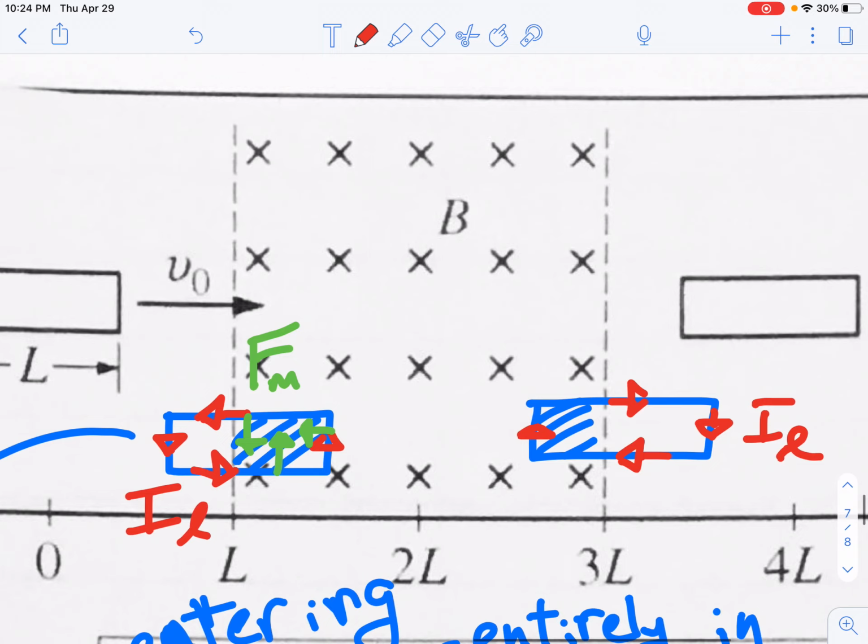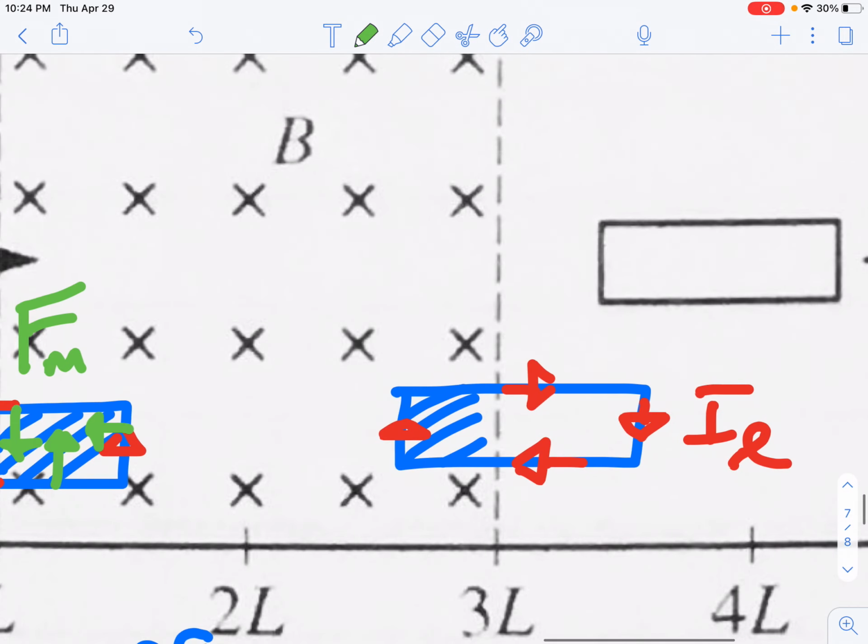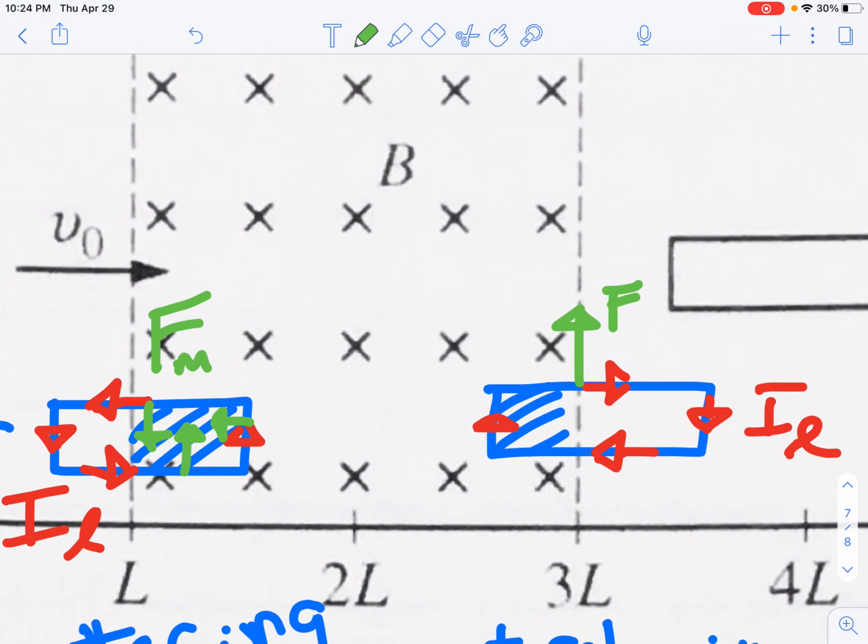So you have a counterclockwise current when it enters, no current while it's inside, a clockwise current when it exits, and no current when it's outside. Now use the force law. Just like last time, the top and the bottom are going to cancel. But on the top, you would point your fingers to the right, curl your fingers into the page, force points up. Notice it's the opposite direction as before, which makes sense because the current's flowing in the opposite direction.